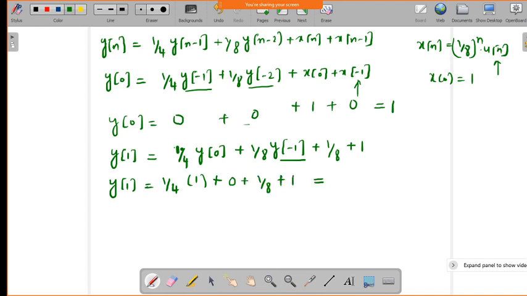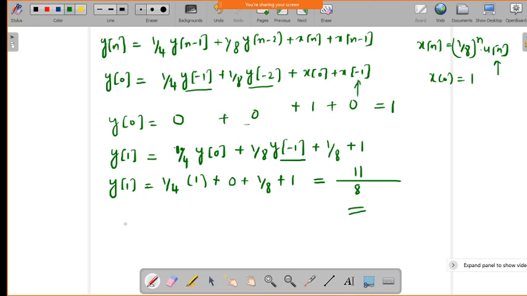So now if you solve this one, what is the value of y1? If you take 8 as the common factor, you will get 2 plus 1 plus 8. So it will give 11. So 11 by 8. So y of 1 is 11 by 8 and y of 0 is 1.